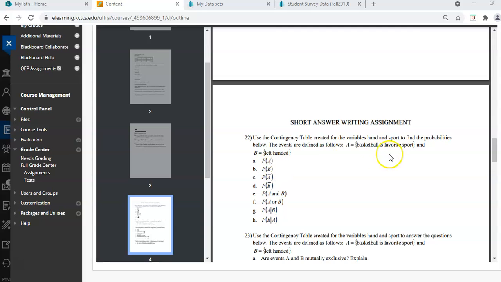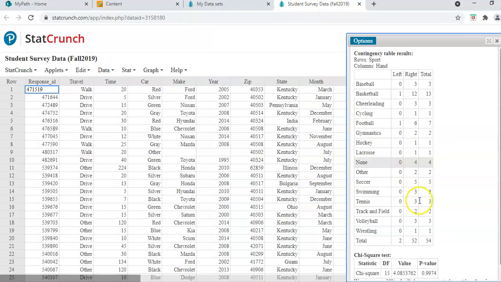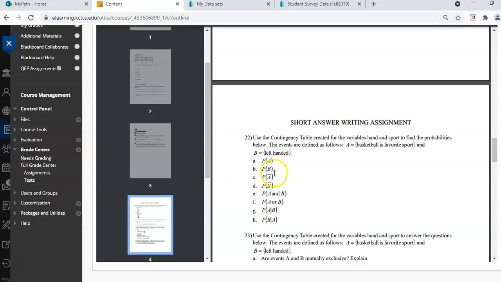So the probability of having basketball as the favorite sport, if we go to the contingency data, basketball is right here. There will be 13 out of 54 for that one. Let's go back. Probability of B, being left-handed.